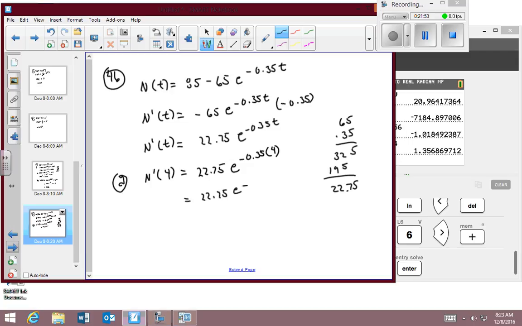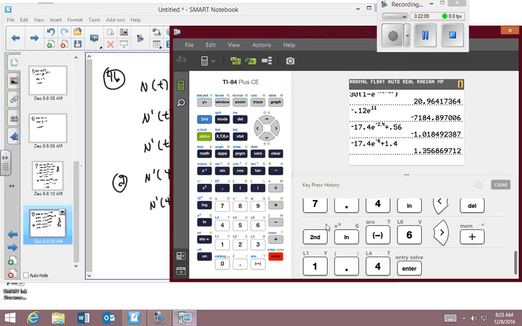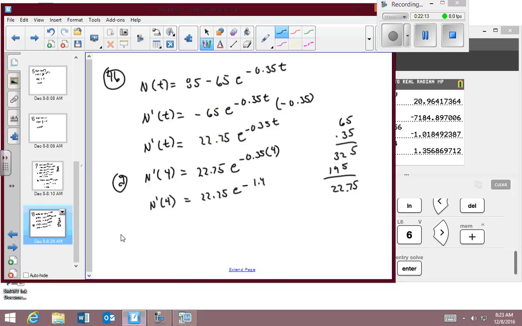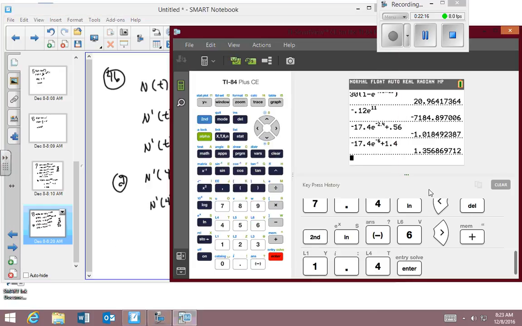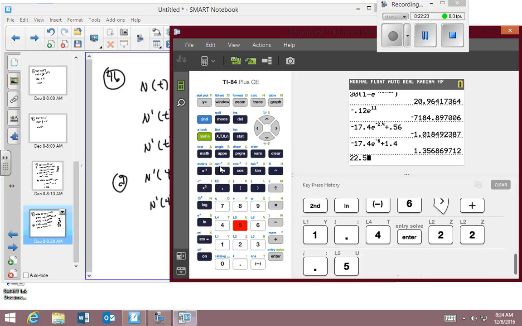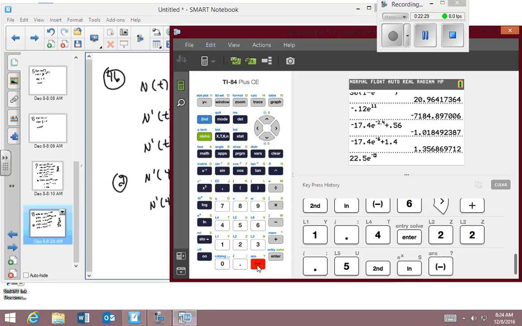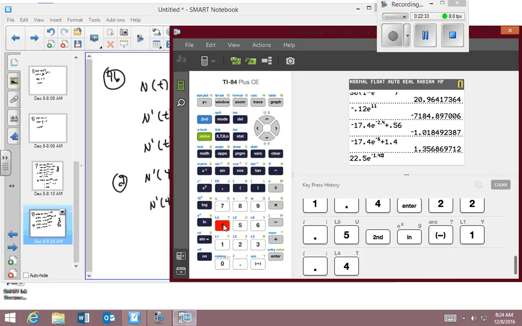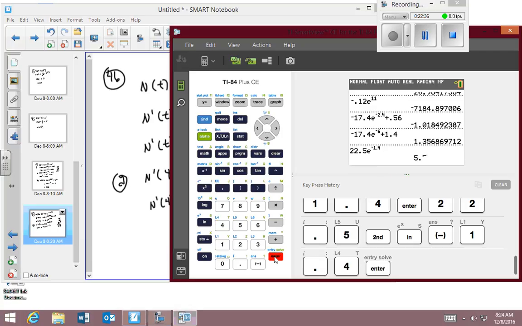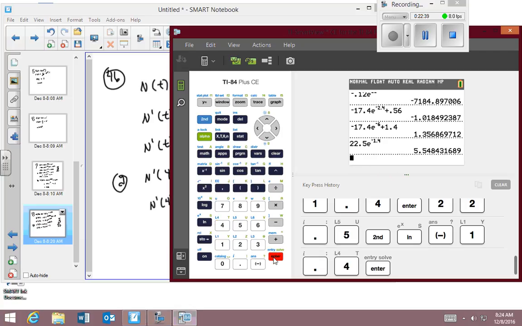Negative 1.4. 22.75 e to the negative 1.4. So 5.5.